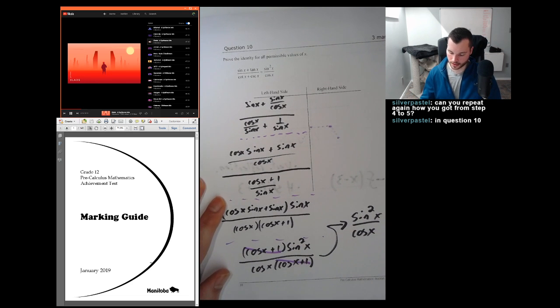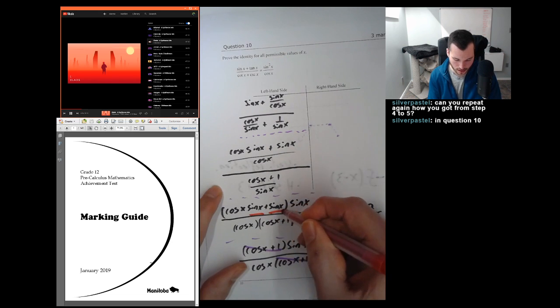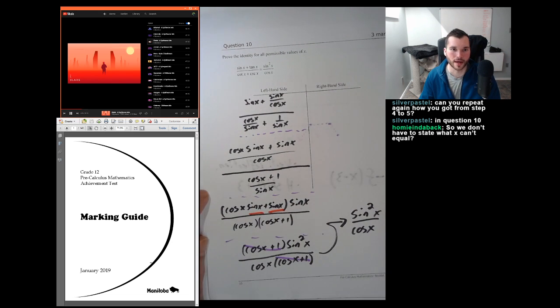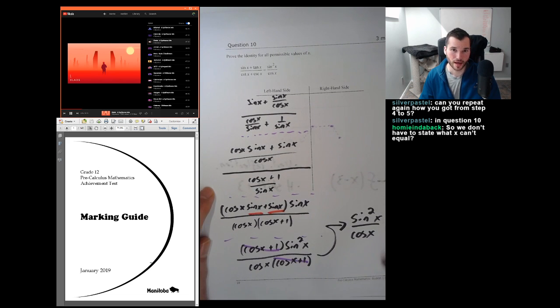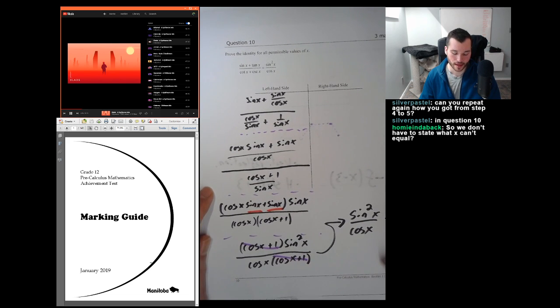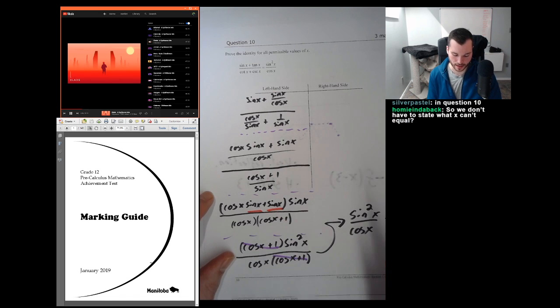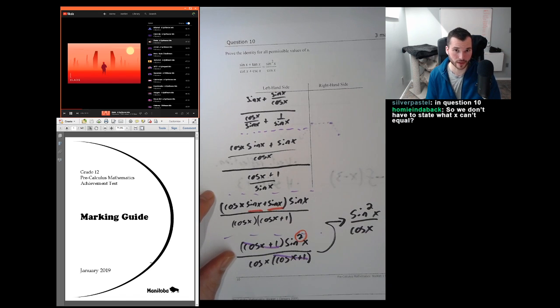So what I did here is, you could see, I factored out another sine. That's pretty much it. I factored out a sine x, and I got a squared over there.